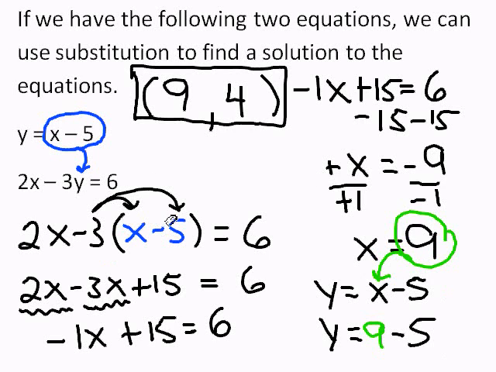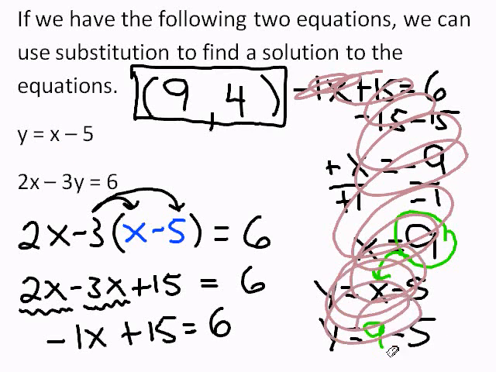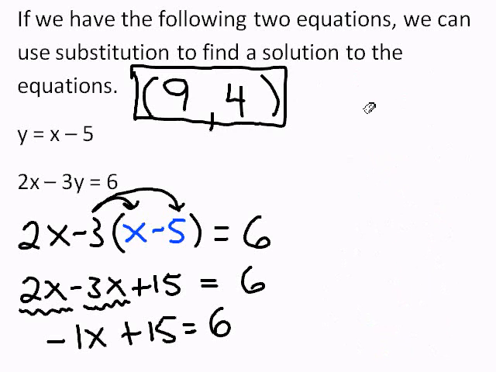Now what we're going to do is check to make sure that our solution really is a valid solution by substituting that solution back into both equations. So I'm going to go ahead and erase everything I've got here. And I'm going to substitute in the 9 and the 4 in for x and for y.